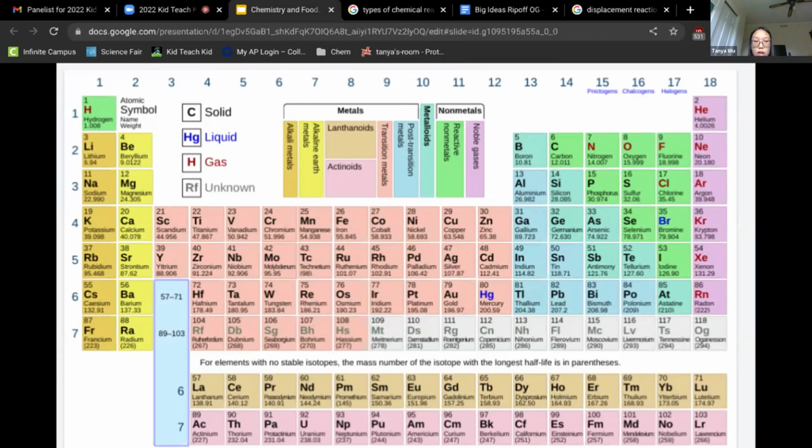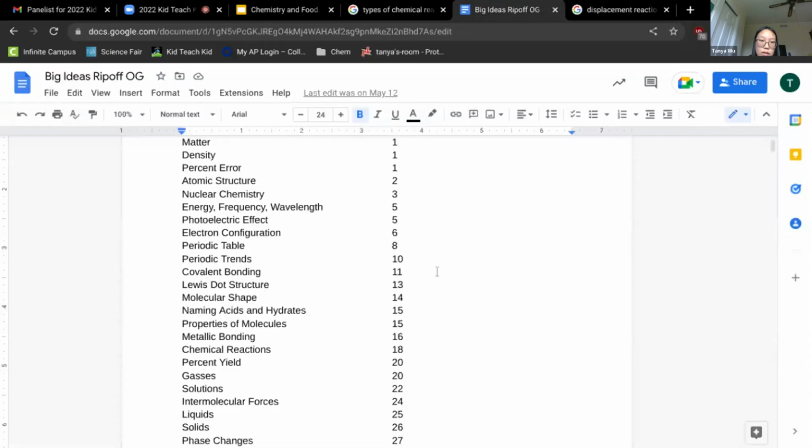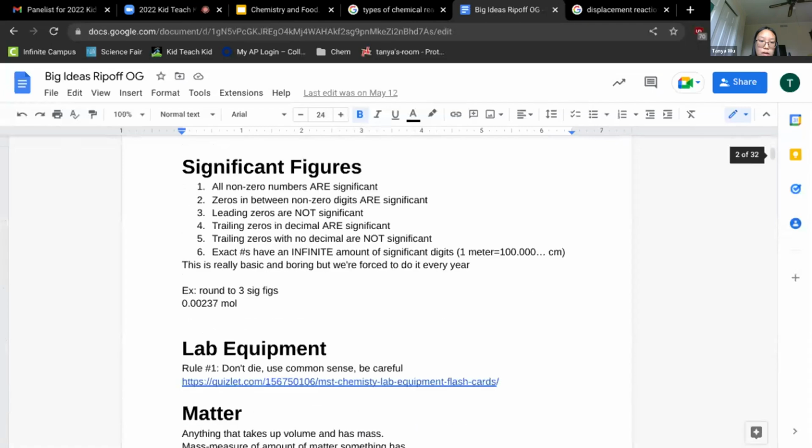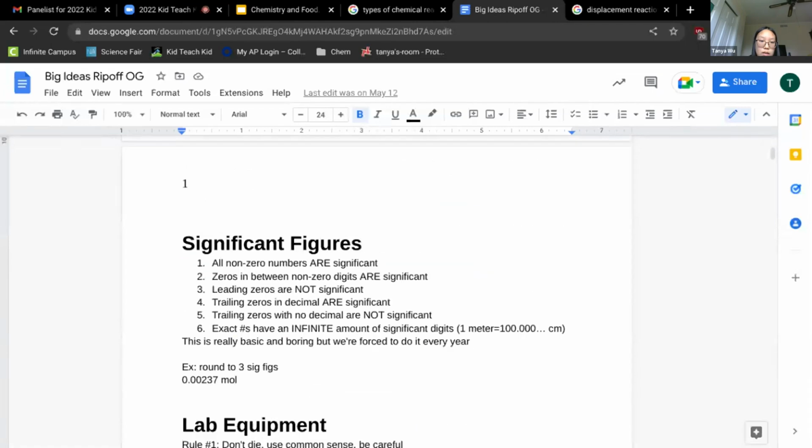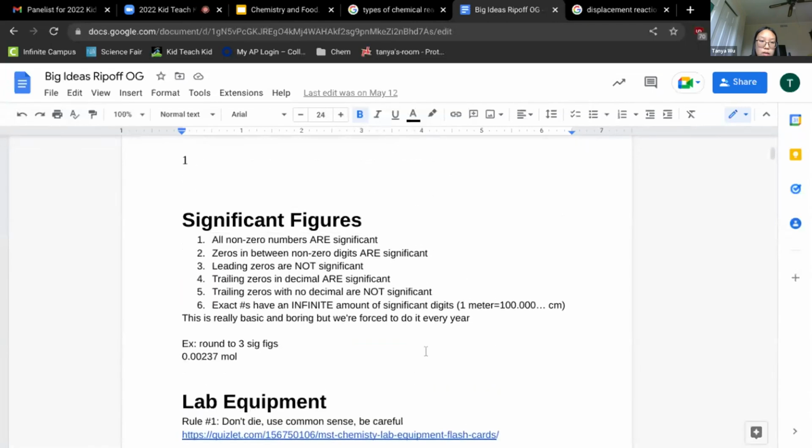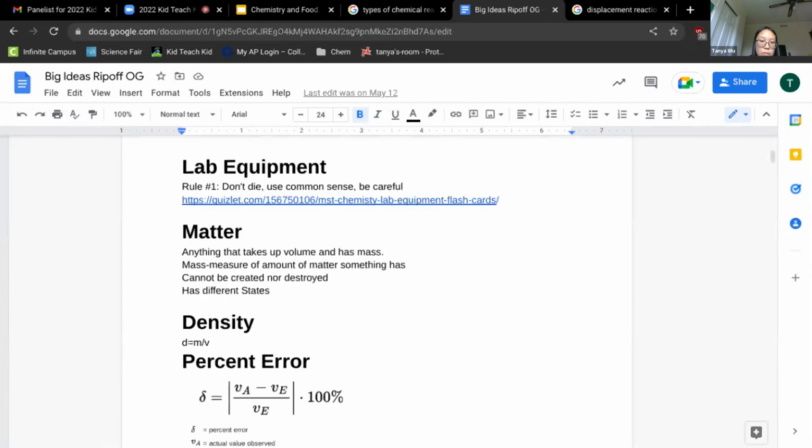So it's basically 16 plus 1 plus 1, which is 18. Or if you're going to do an oxygen molecule, which has 2 oxygens in it, that's 16 plus 16. So that's how you find the mass. We're not going to do sig figs because they bore me.